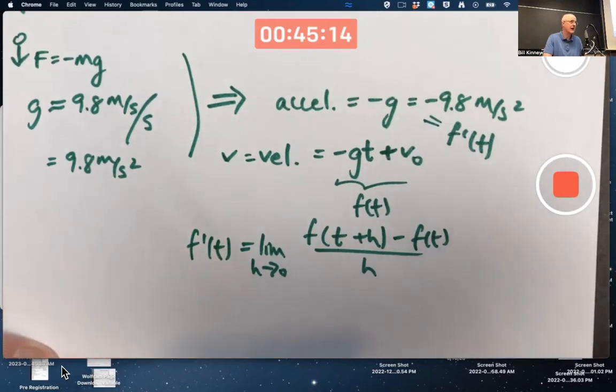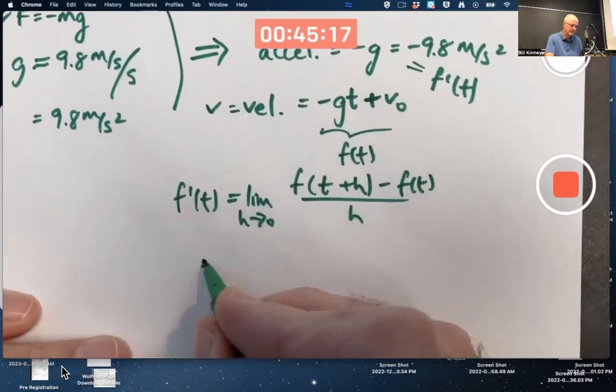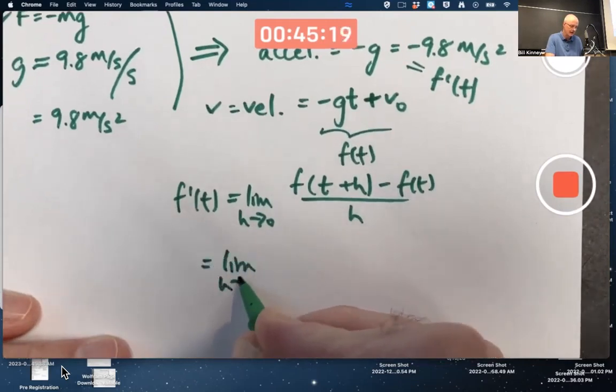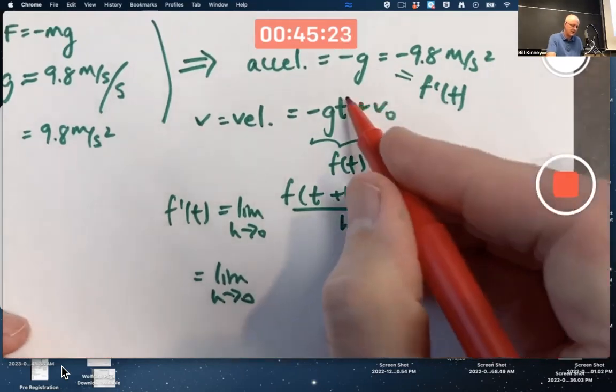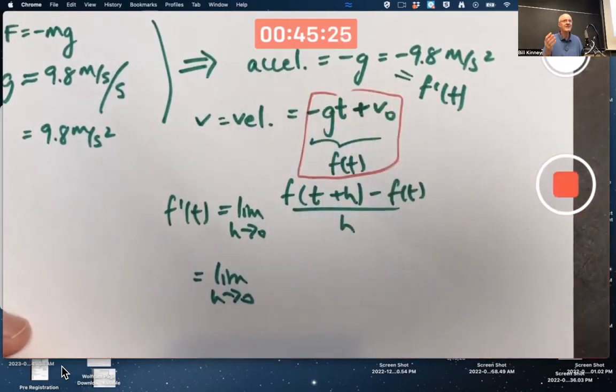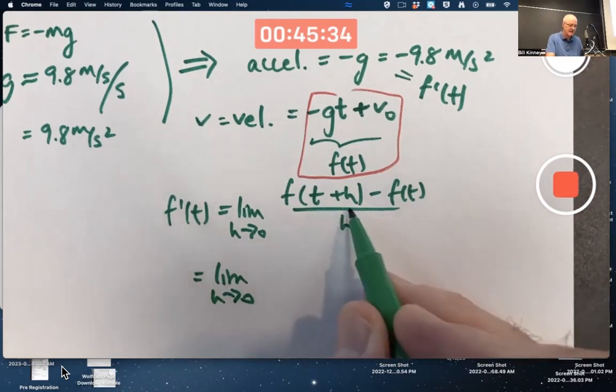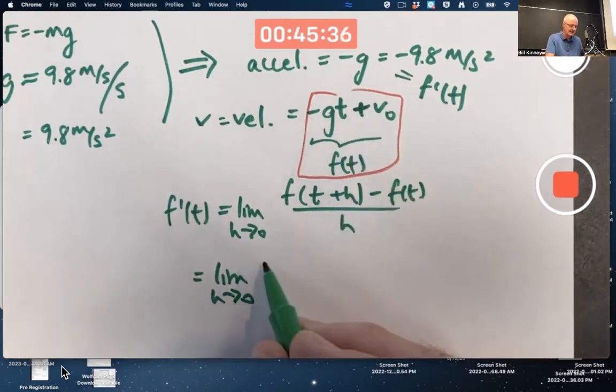The derivative of the velocity is the acceleration. Oh boy, so many letters. Here's my function. g and v sub 0 are constants. v sub 0, or v naught for short, represents your initial velocity. I'm plugging in t plus h into there for t.